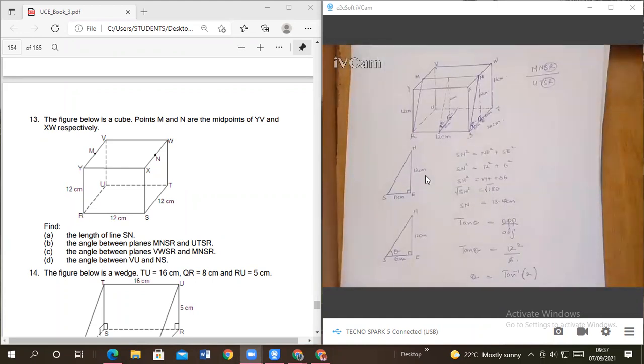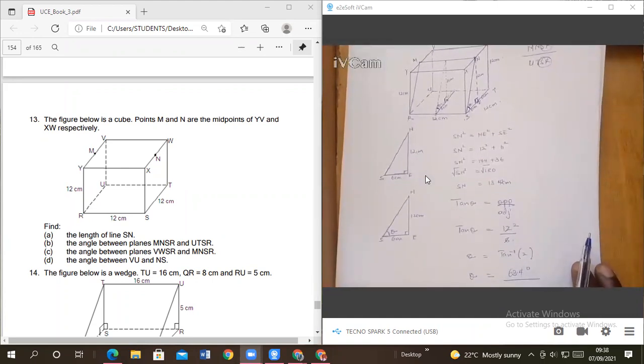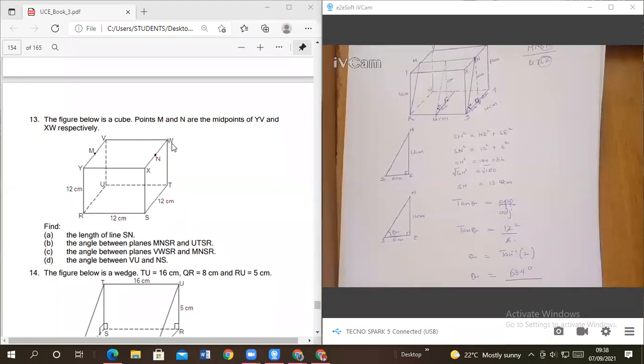If you need to copy that out, they are saying find the angle between the planes VWSR and also another plane, MNSR.